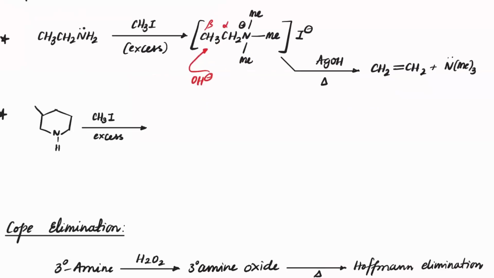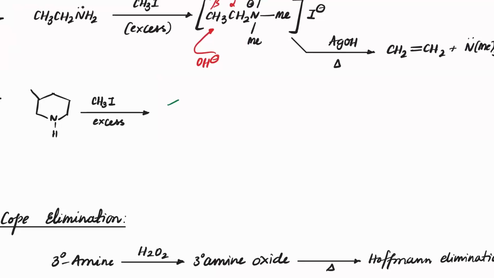So in this case, you can see here with exhaustive methylation, nitrogen will get a plus charge and I minus. And when you treat with Ag2O moist, silver will take away iodide, converting into a precipitate, while OH minus will try to attack on the beta position. So what are all the beta positions here?